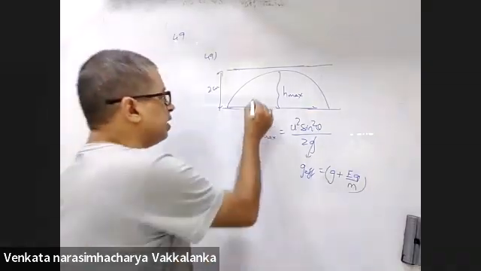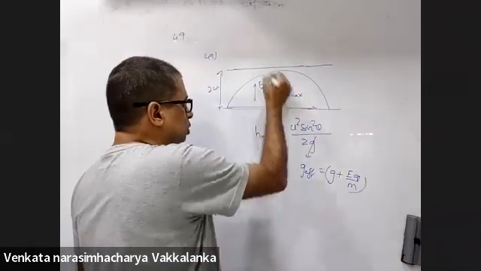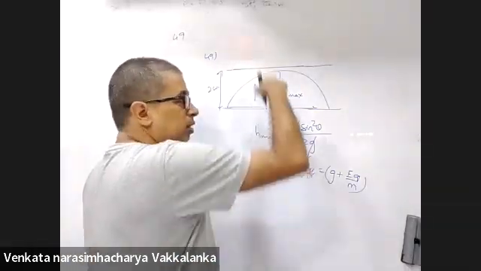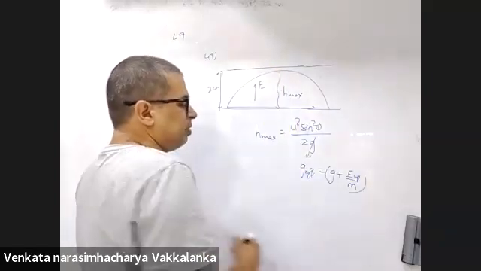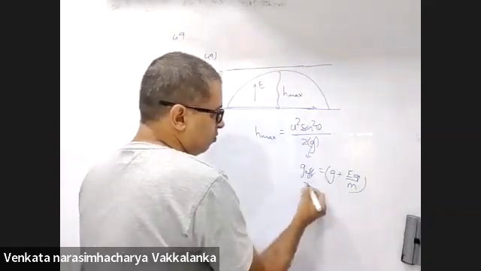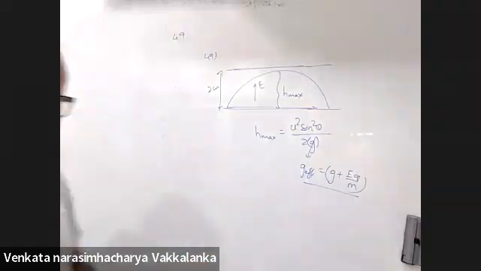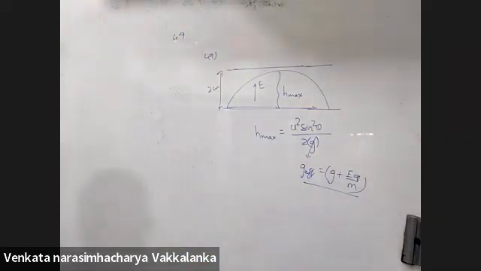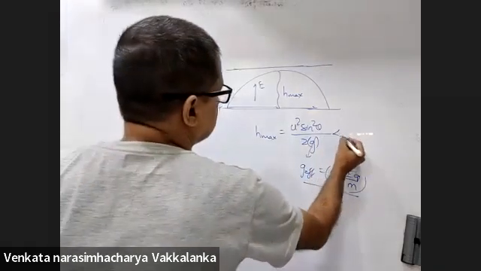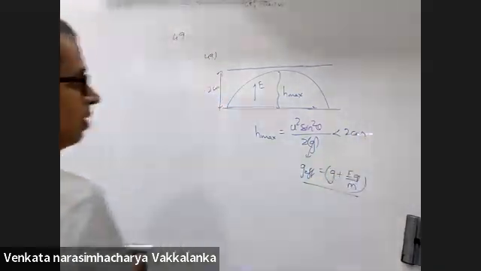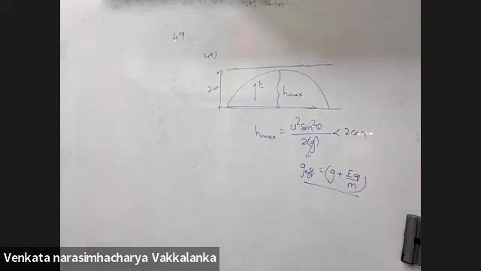Negative charged particle will experience a force opposite to the direction of the field. So that force and G are in the same direction. So instead of G, I will put G plus EQ by M. If you don't want the particle to touch the upper plate, H maximum should be lesser than 2 centimeters. H maximum should be lesser than 2 centimeters. Just make sure that you are taking the right units.